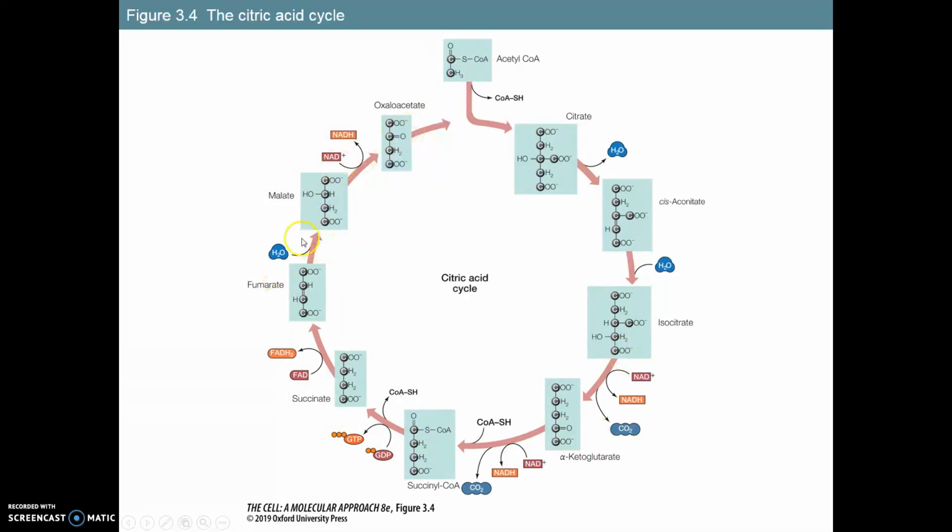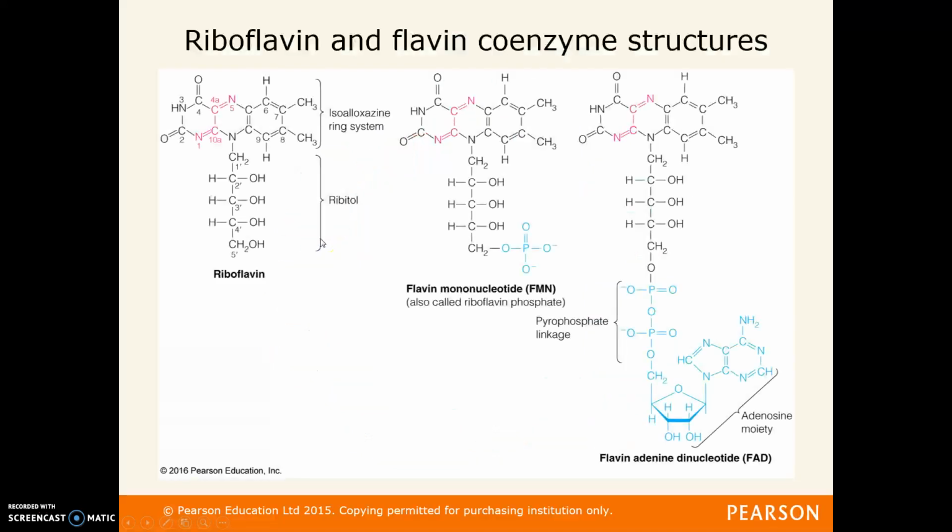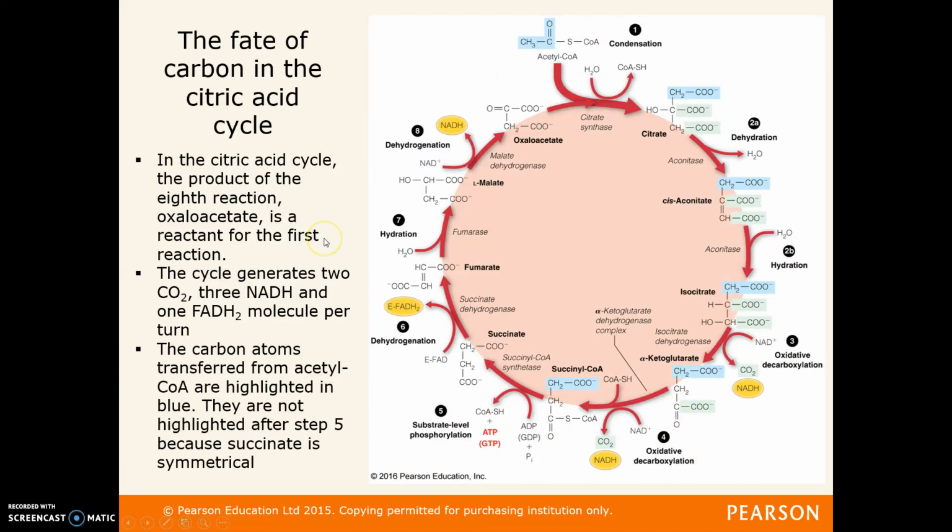Okay. Now, I want to take a look at this in a slightly different way. And when we look at it, we're going to look at it for where the carbons come in and where carbons leave. And we'll pick this up in part 2.